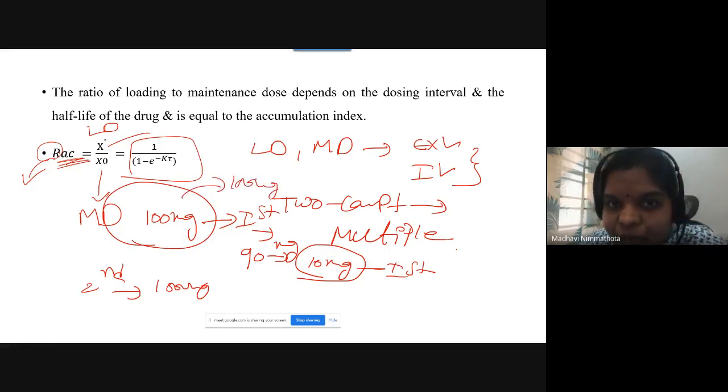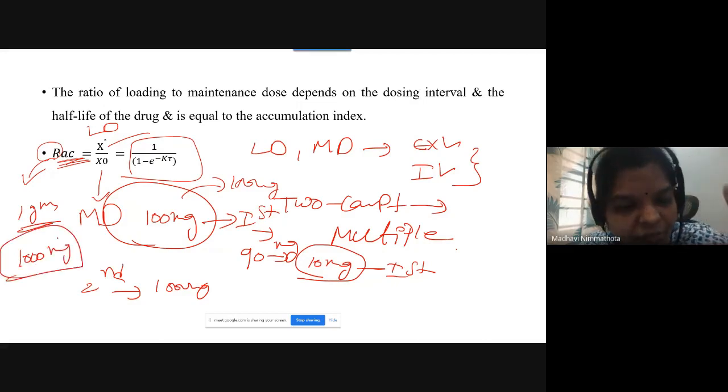But the therapeutic activity of your drug may be attained at 1 gram. That is, at 1000 mg you may get some therapeutic effect. So here we have a remaining amount of 10 mg, and next time again we have to take 100 mg.